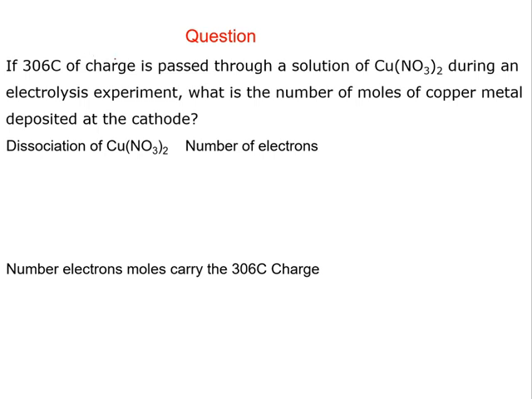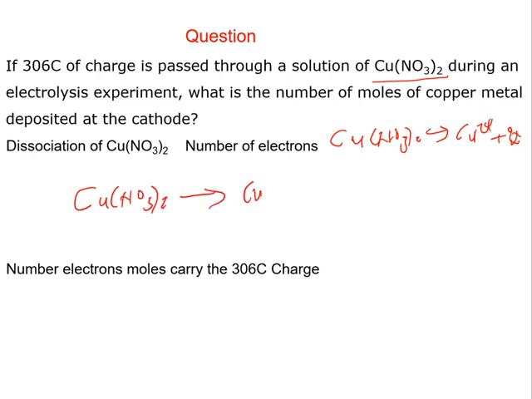If 306 coulombs of charge is passed through a solution of copper nitrate, copper nitrate ionizes like this, giving you copper 2 plus and 2 nitrate ions.